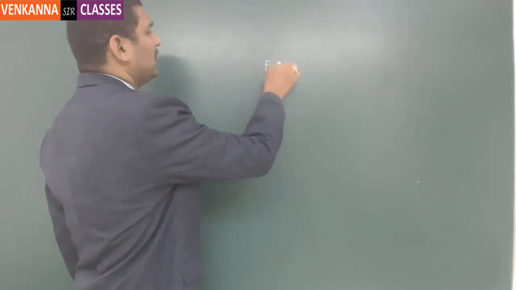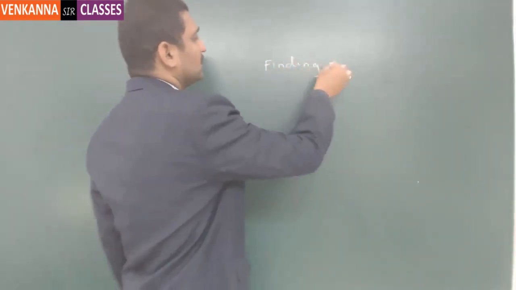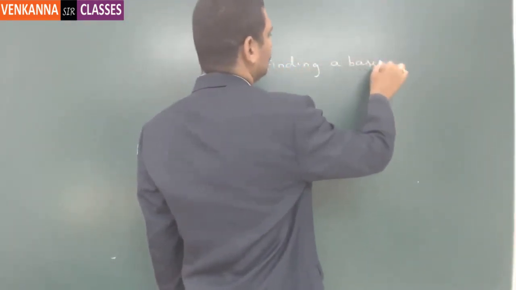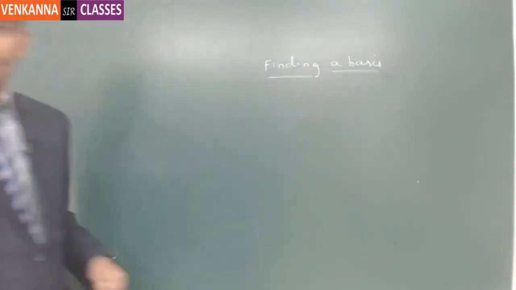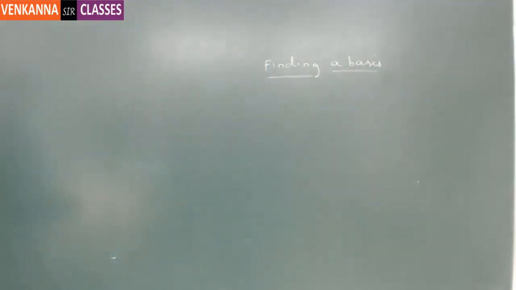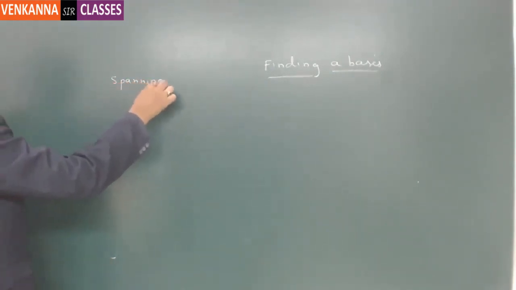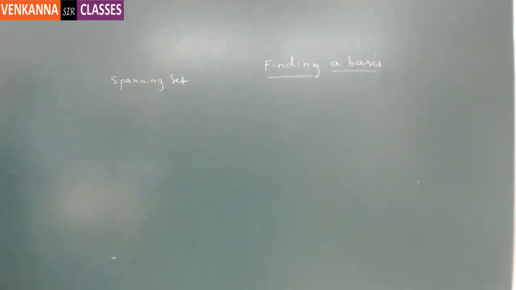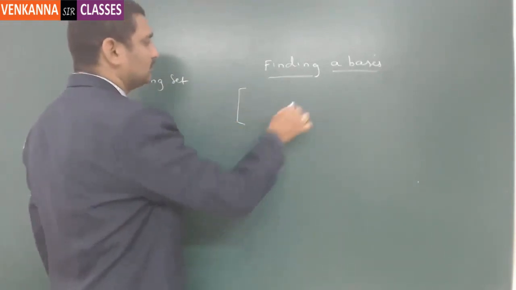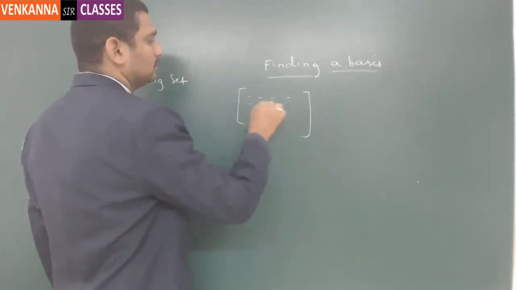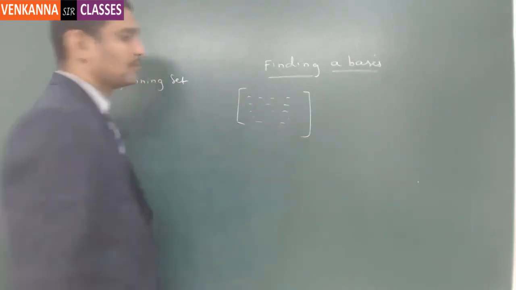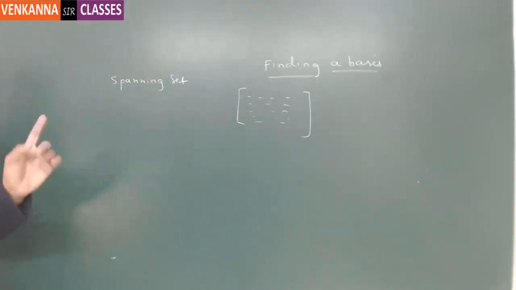Now, the next thing is, usually while finding a basis, generally we start with a spanning set. Obviously, we write it in the form of a matrix, and we apply row operations on it.